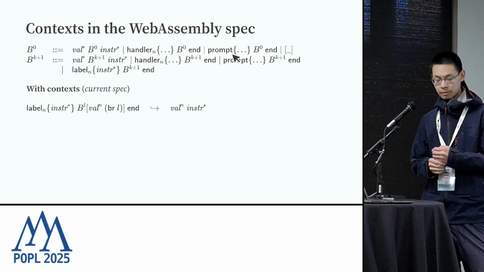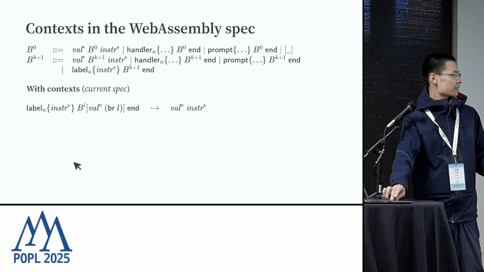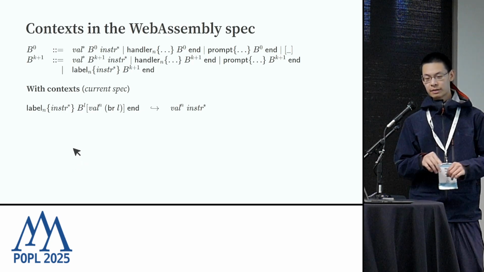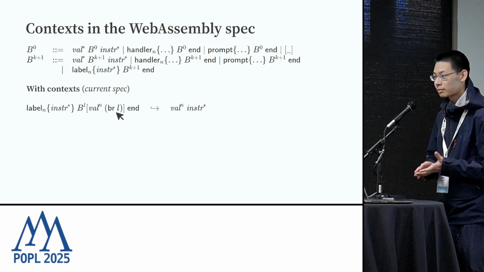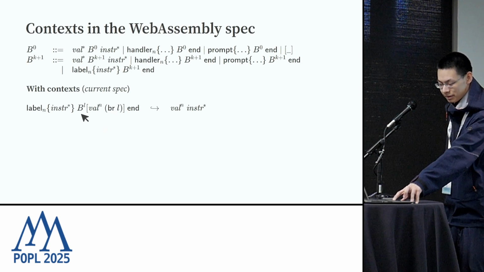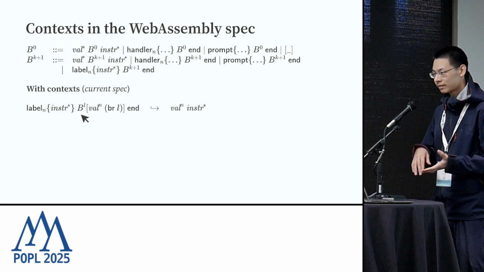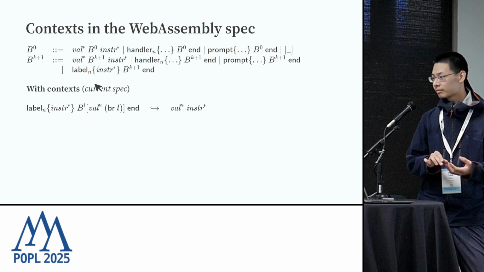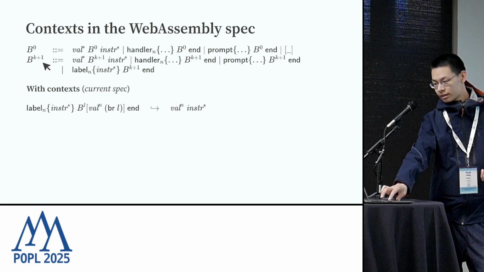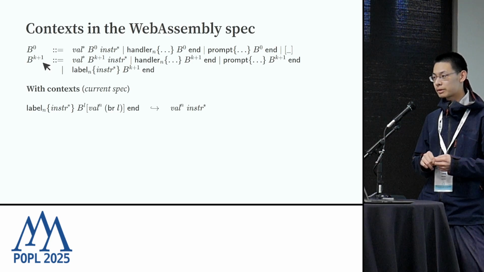With context, we can simply specify the semantics of the branch instruction as, to branch out L blocks, we can just branch out L as the count of the label frames. The superscript here means the number of label frames to escape.